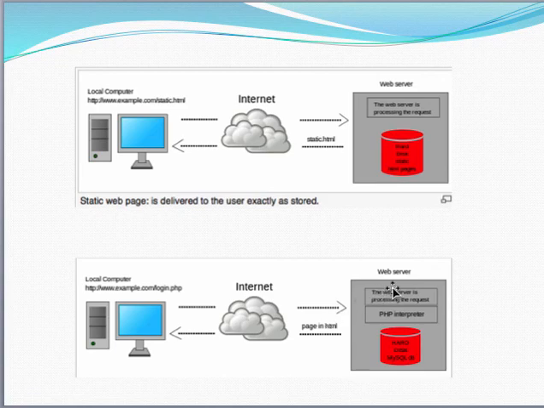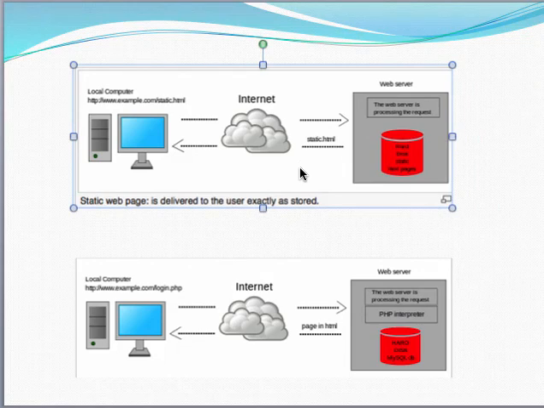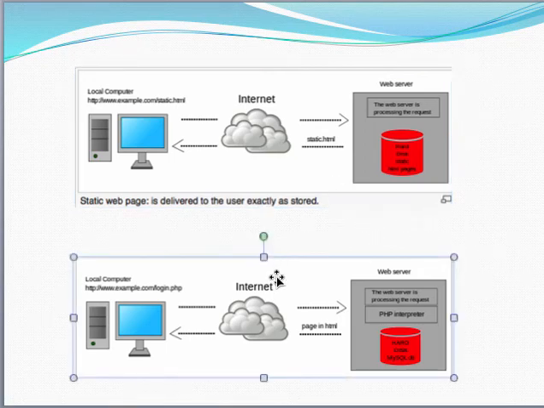While in the first model, the one up here, it will always display the same information unless someone, in this case the page manager or the web designer, changes the information. Of course, there are still static web pages, but dynamic web pages are becoming more common.